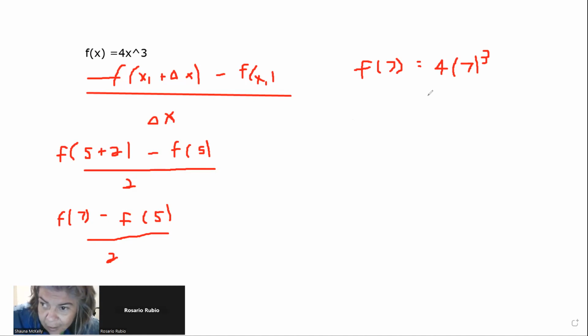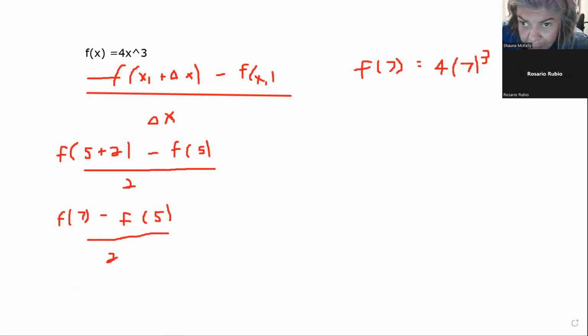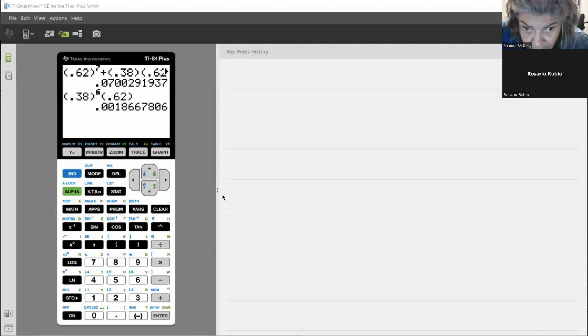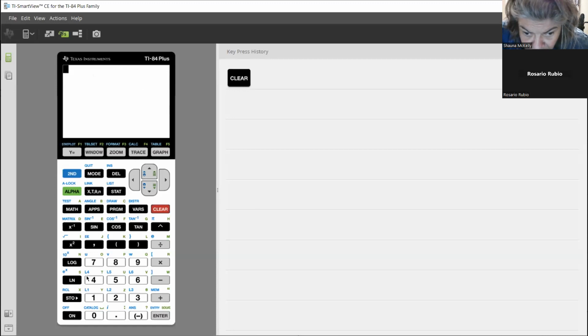Okay. So now we're going to get our calculator. What is 7 cubed times 4? Let's pull up the calculator here. Times what? 7 cubed times 4. So let me share the screen. 1,372. So I'm going to take 4 times 7 to the third power.